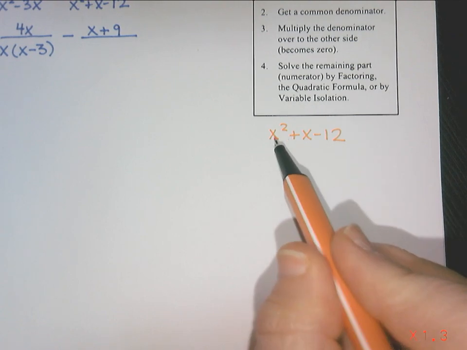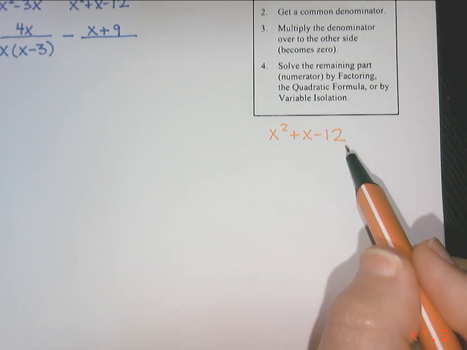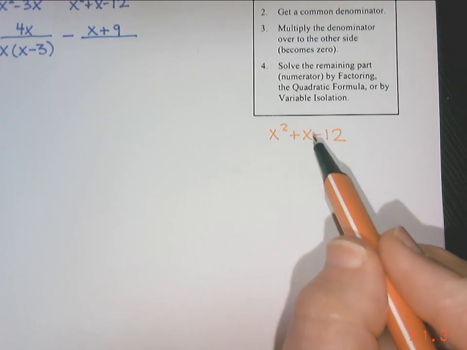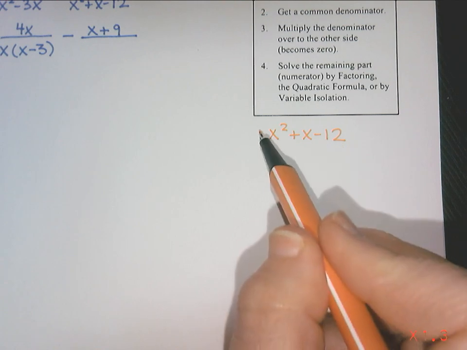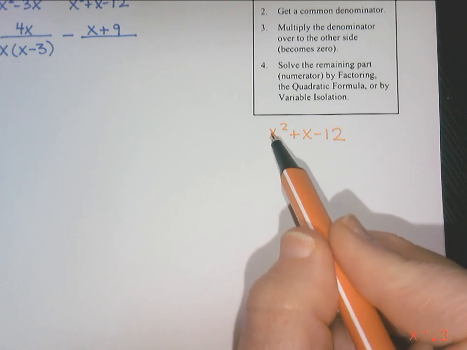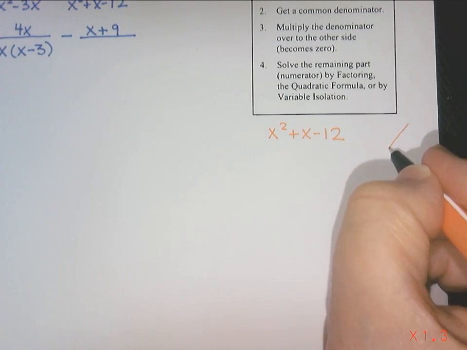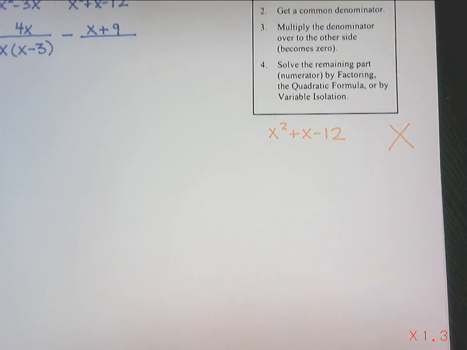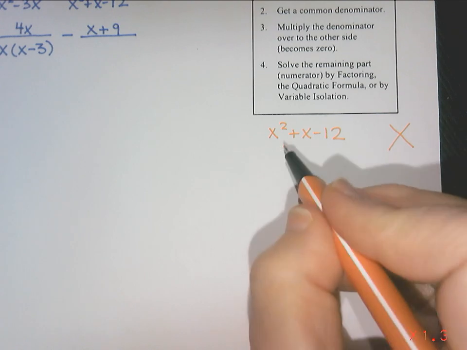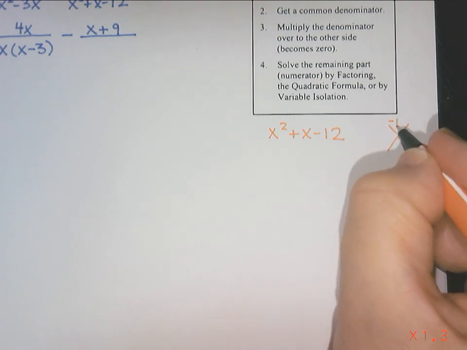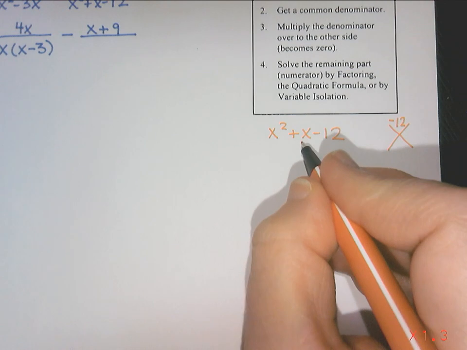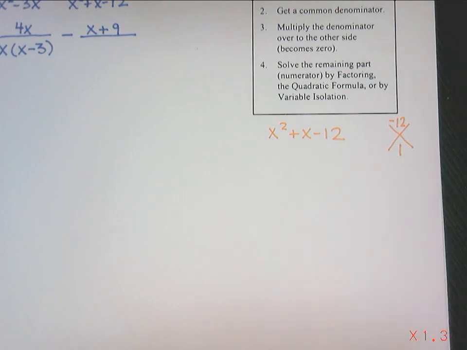It has three terms. They do not have a common factor. We've got x², x and a number, and there is no visible coefficient other than a secret 1 in front of that x², meaning I can use the trinomial shortcut, or you can use decomposition. I am looking for two numbers that multiply to negative 12 and add to that middle term of 1.